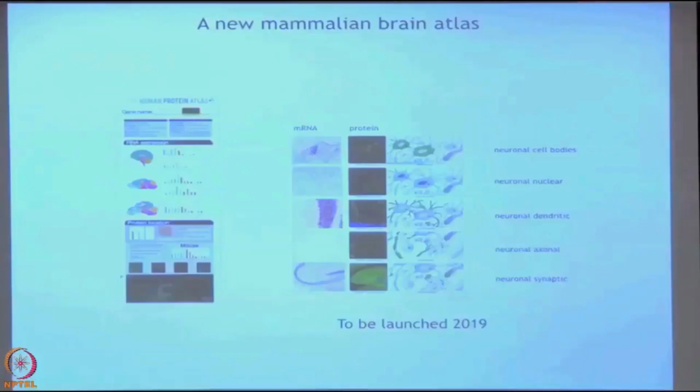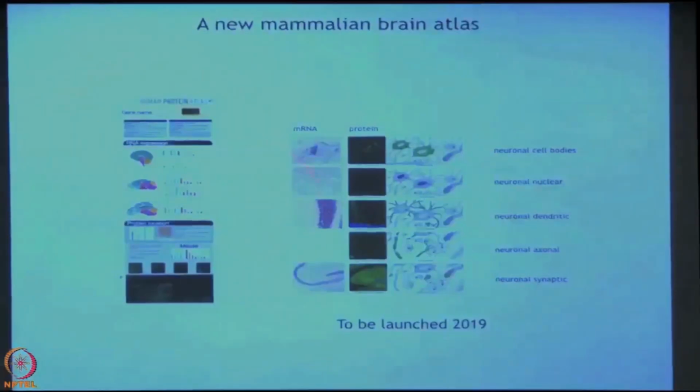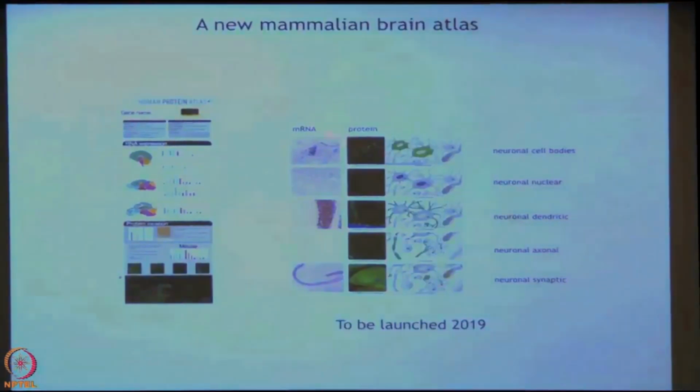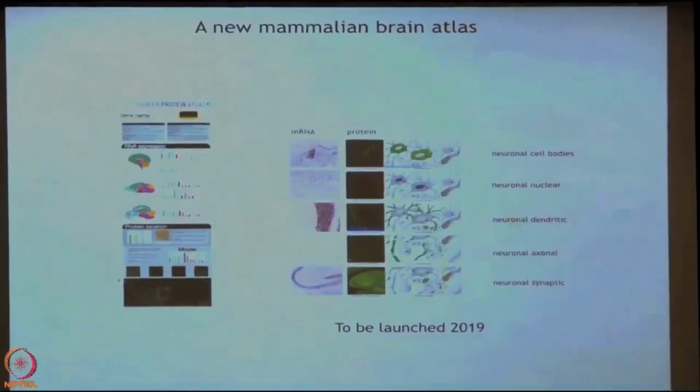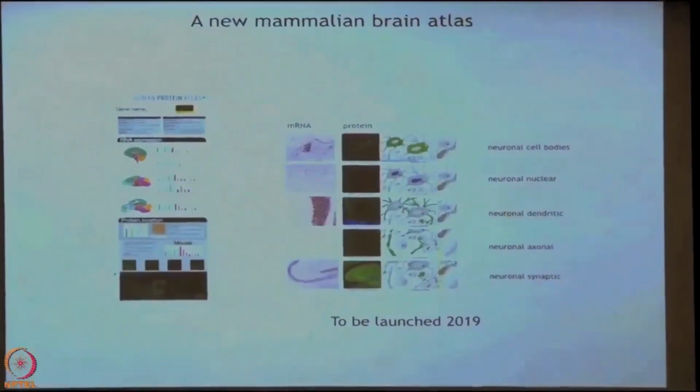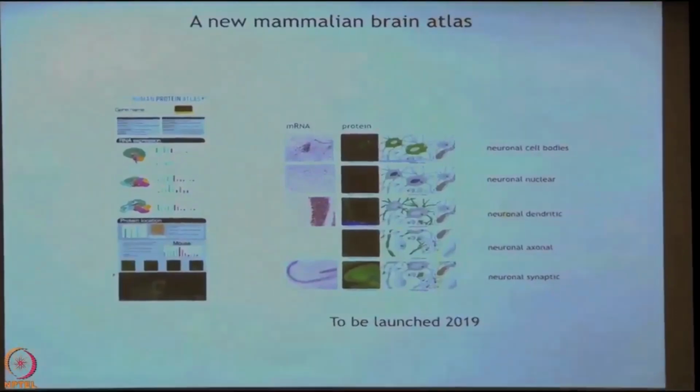This is just the setup of what we're trying to cover with our data, and this is a little bit what the data will look like. We will be able to show both protein and quantitative RNA measures from 3 different species, and I think this will be a good contribution for neurobiology research.